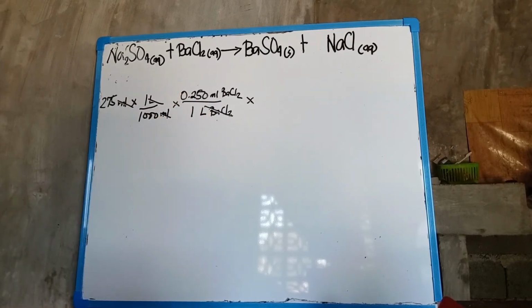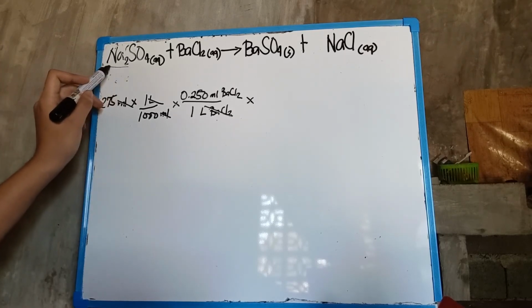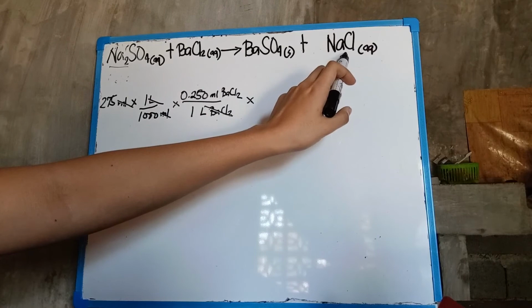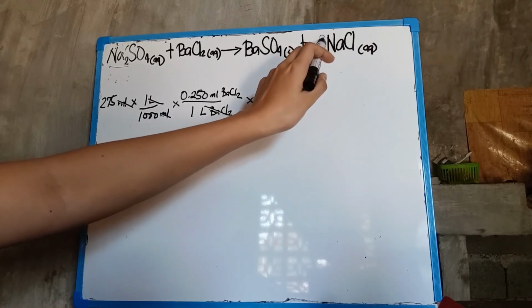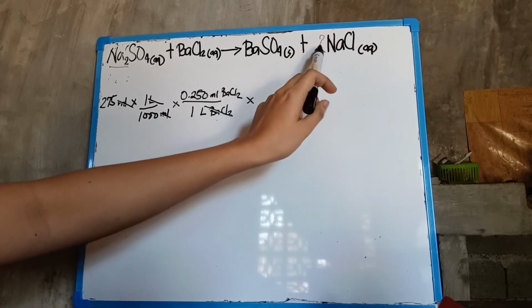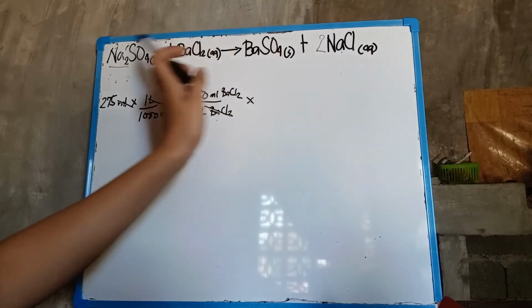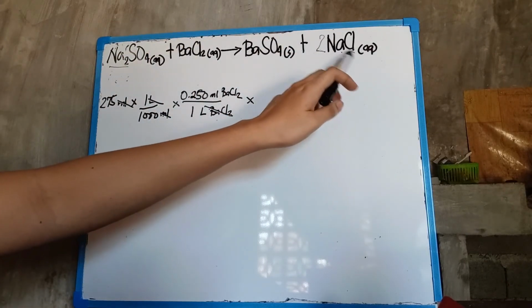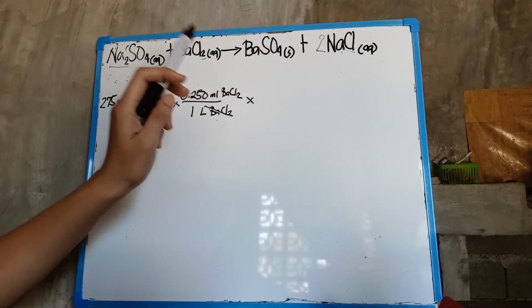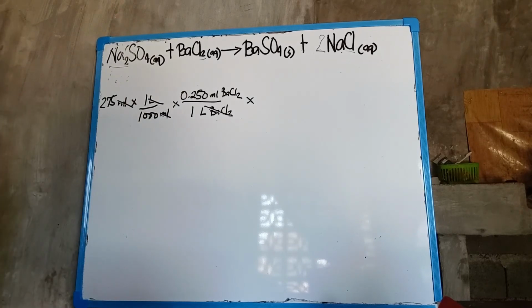So first, check if your equation is already balanced. Here the reactants have 2 while our product has 1. So all I have to do is write 2, then check. Equal, so it is already balanced.